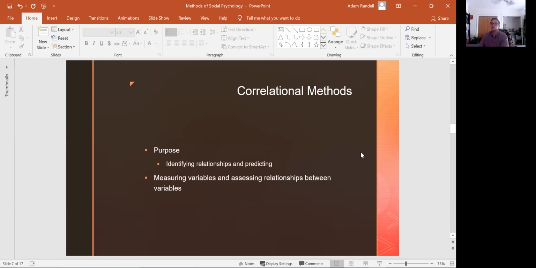Now, again, remember, correlational methods are those designed to assess relationships between variables. So let's say I want to know whether people who have a lot of support from their family are more or less prone to experiencing depression. Well, correlational methods can help me with that. I can assess either by written questionnaire or by observation, which might be ethically questionable, but depending on the circumstances, it'd be fine, I imagine.